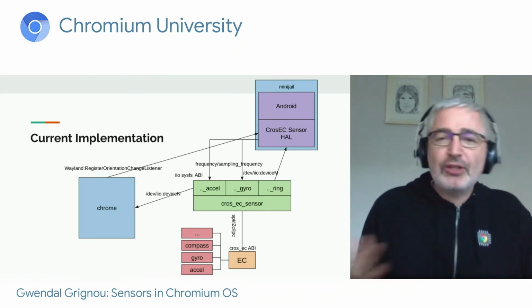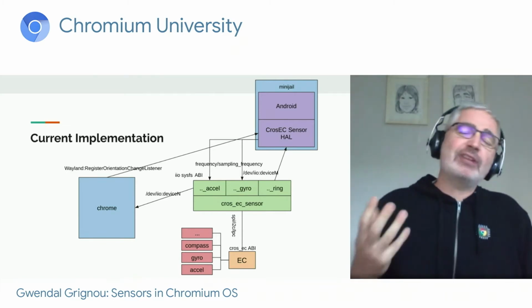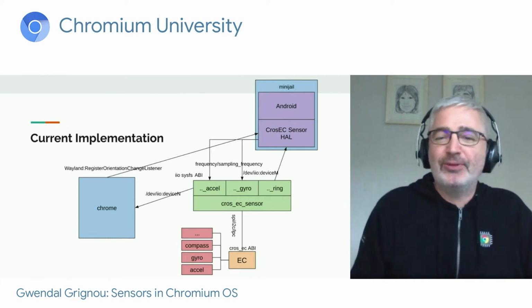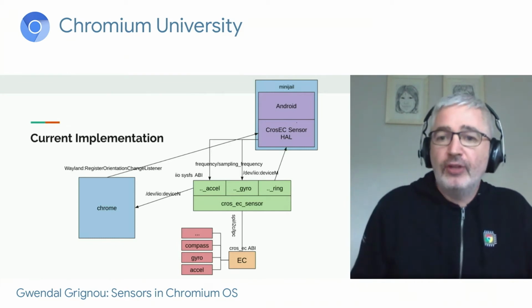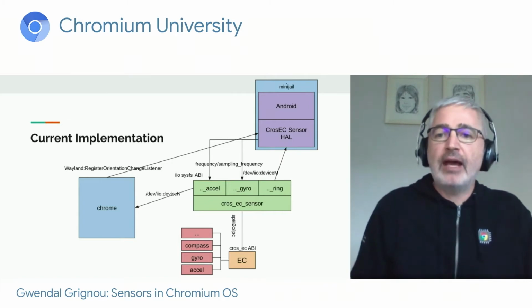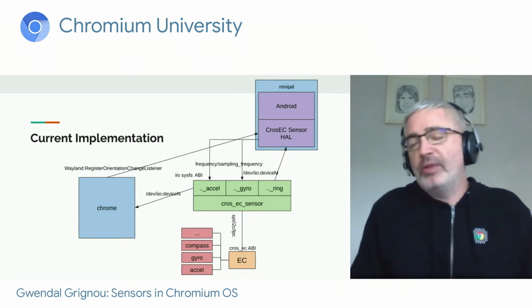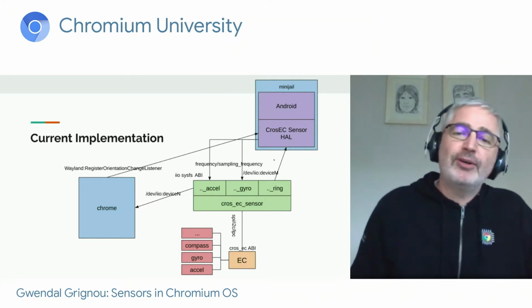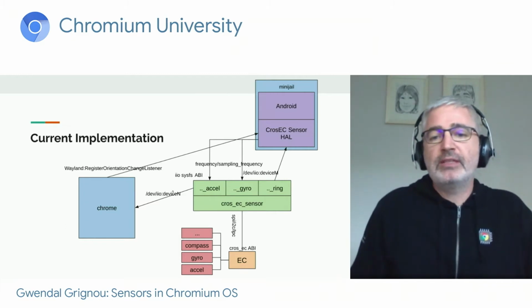In the current implementation, there are actually two classes of application. There is Android, which has full control of the sensors and can run them at high speed, for applications like games, and everybody else, which are poking at the sensors using a different path, like Chrome.